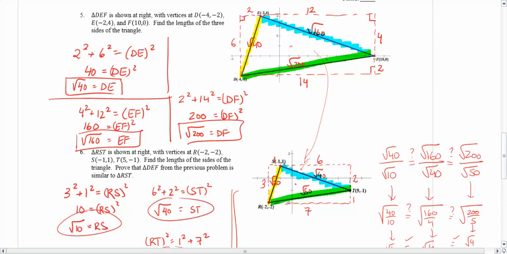And if you do that, then E prime, let's say, if you shrink it by a half, will be -1, 2. And F prime is going to be 5, 0. I'm just cutting everything in half. And B prime is going to be -2, -1.